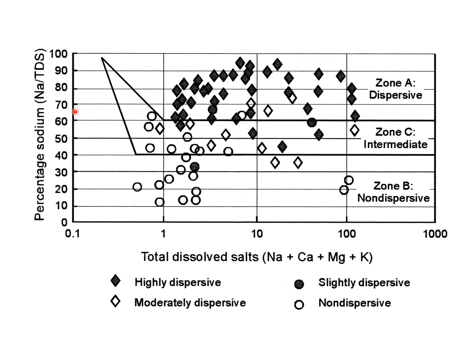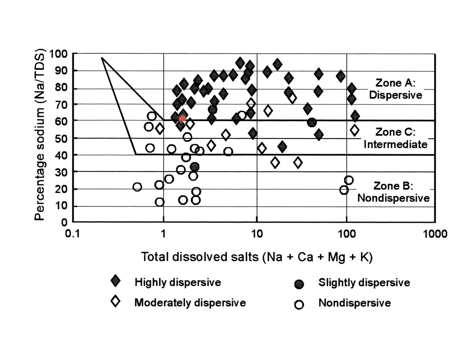So here you can see a plot which is needed to classify the dispersive clays. Along the vertical axis we are having the percentage of sodium, that is sodium per TDS, and along the horizontal axis we are having the total dissolved salt, and here we are having the log scale.